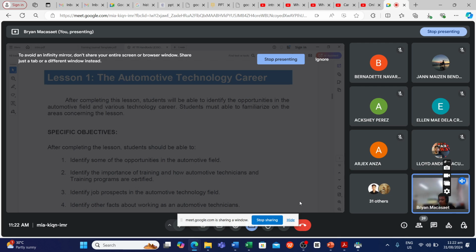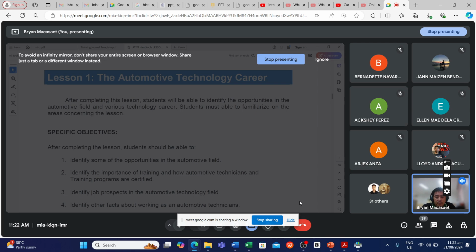Okay, so lesson number 2, hindi ko lang siya na-edit. Pero last year kasi siya ay lesson number 1, kasi siya ay nasa old curriculum, the Automotive Technology Career. So siya ay lesson number 2 na. So yung kanina, na-discuss natin what is automotive engineering, what is automotive engineering technology, what are the engine fundamentals, engine and vehicle systems.